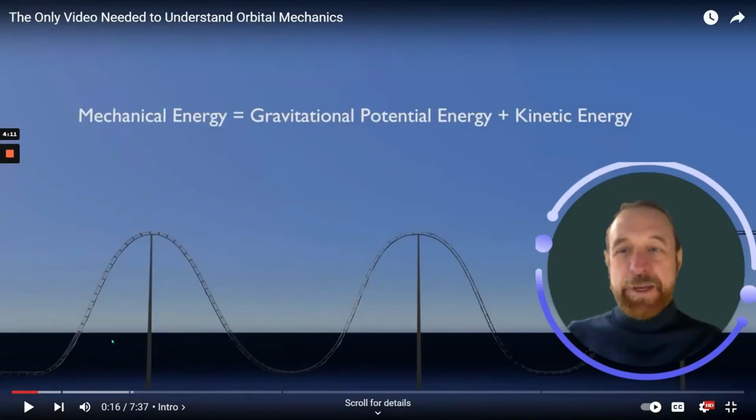So now he's set up a totally different 2D model to illustrate a concept that will be very useful later.